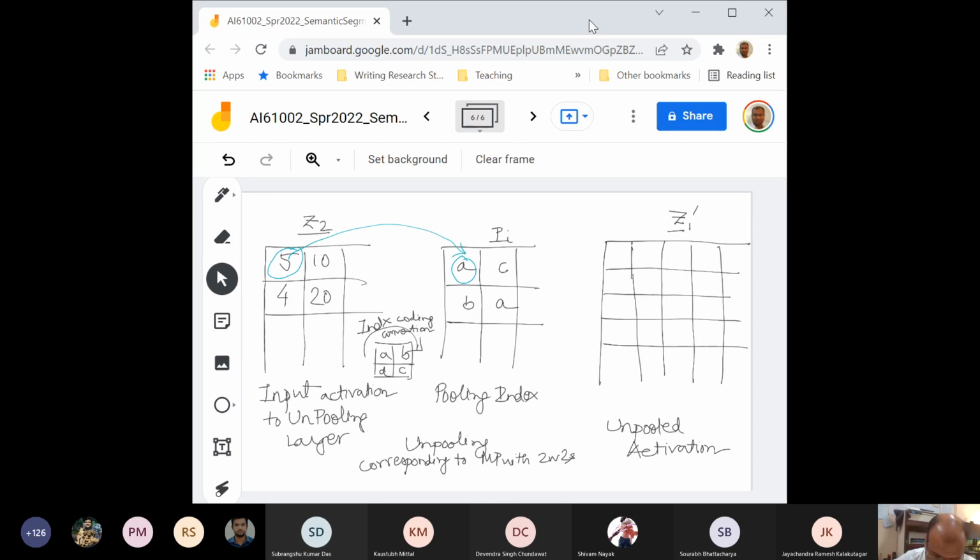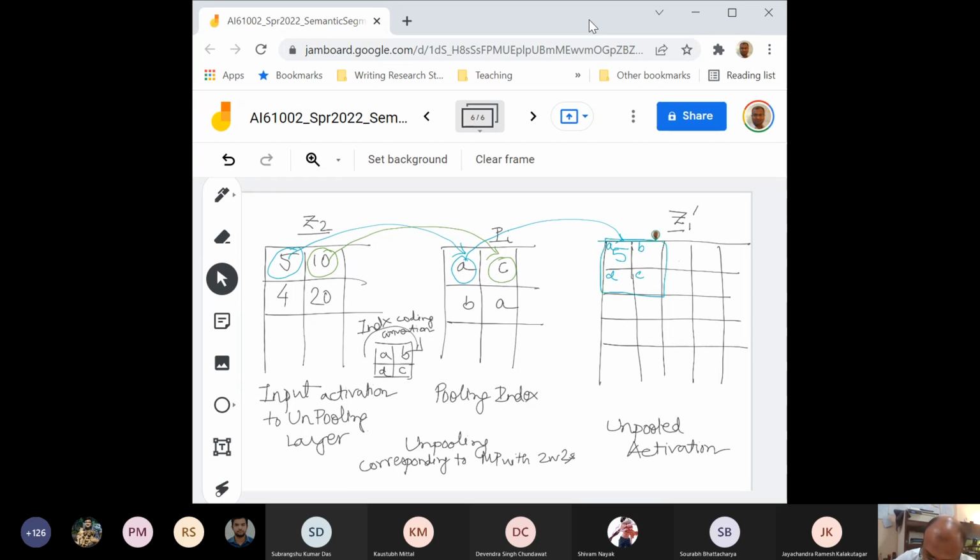So A is going to be this location, and this will have the value 5. Next, there is this value 10, which will go to the location C. Now, C corresponds to the next tile. So this is A, B, C, D for this particular tile, which contributes to that location.